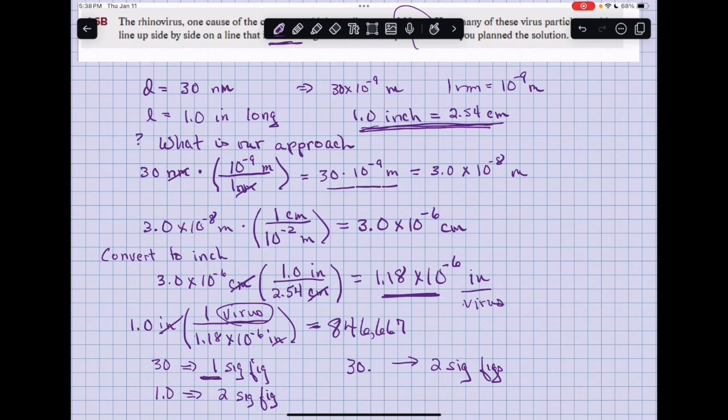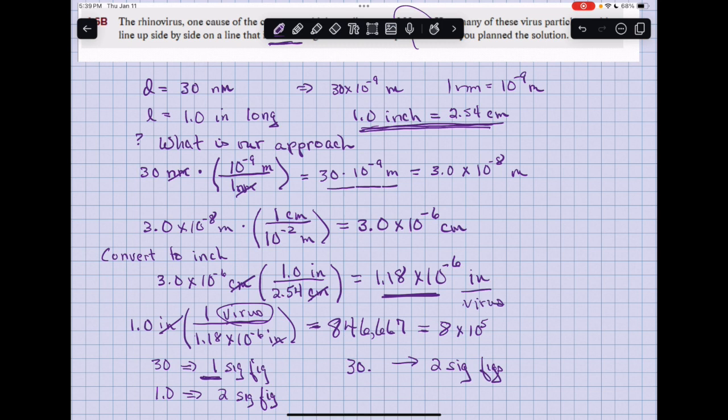And so given that, the way we would write that in scientific notation with one sig fig is 8, all right, and that's our one sig fig, times 10 to the 5th viruses. And usually with the display on your calculator, you should be able to set it so it shows scientific notation rather than showing all of the digits written out.